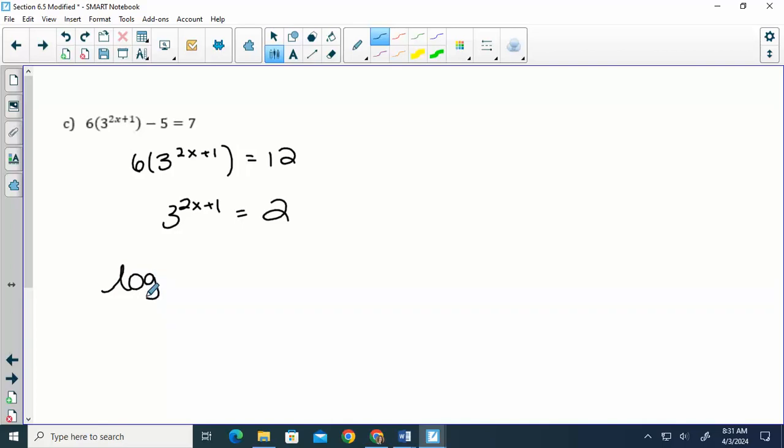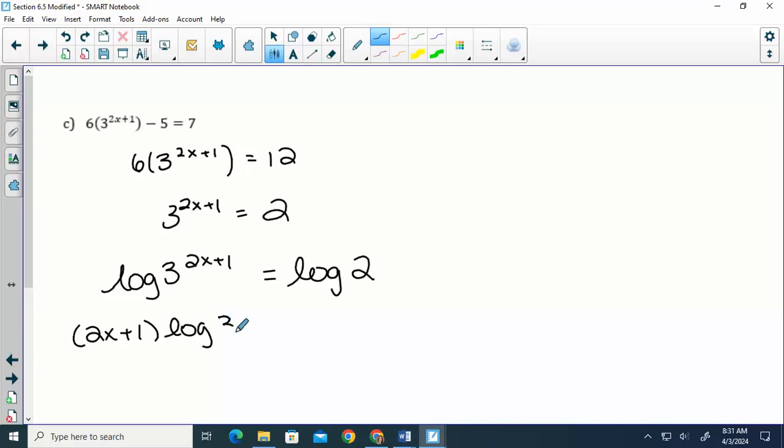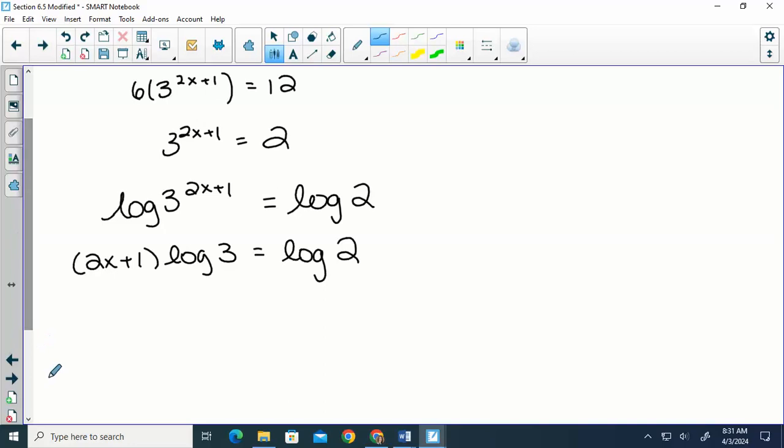We have to add our log so that we can move the 2x plus 1 down. Now what? Divide by log 3.